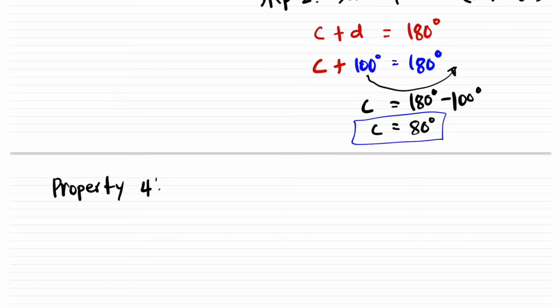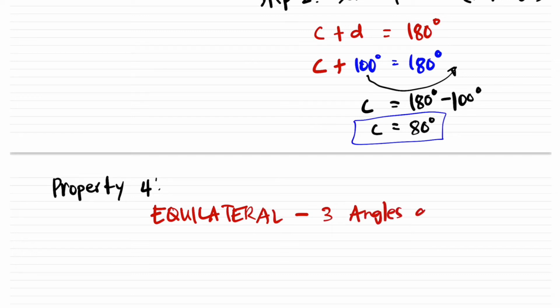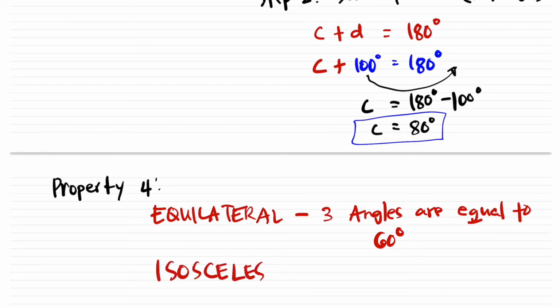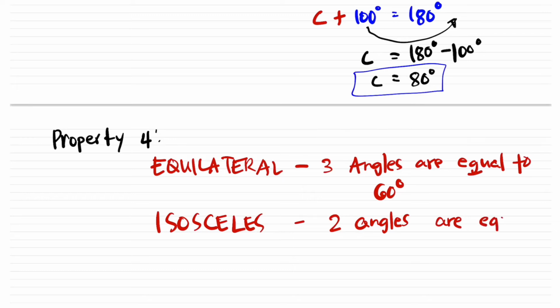Property number 4 is for when you have an equilateral triangle or an isosceles triangle. For an equilateral triangle, the three angles are equal to 60 degrees each, whereas in an isosceles triangle, two angles are equal and they are adjacent to each other, sorry, not opposite.